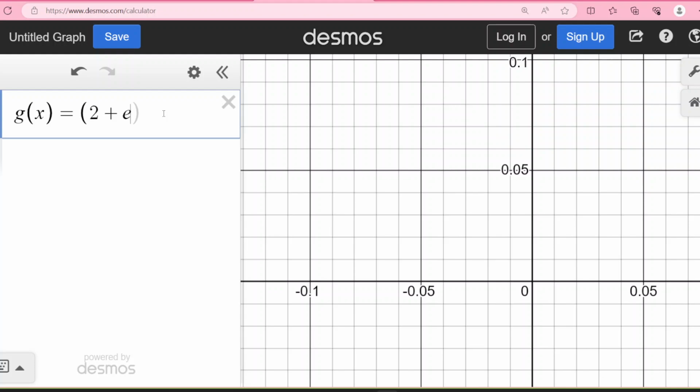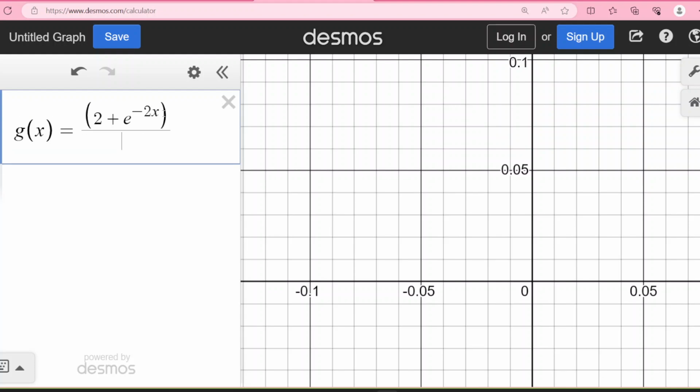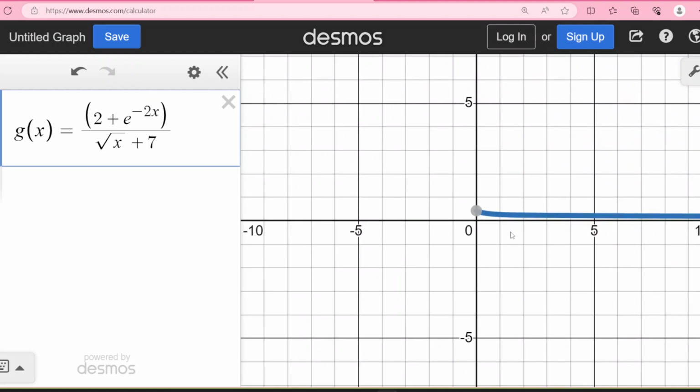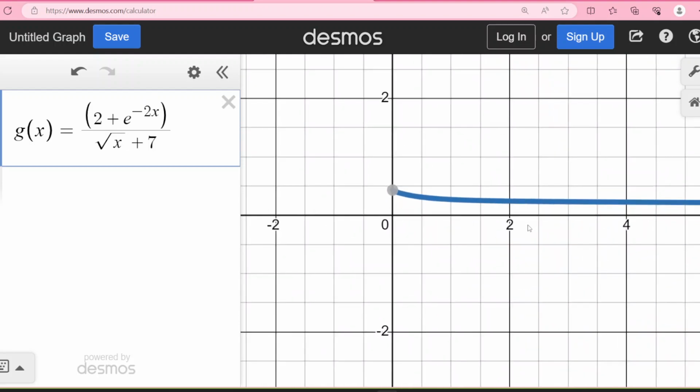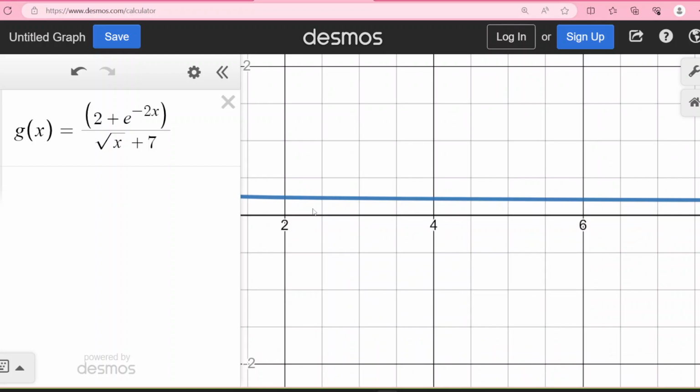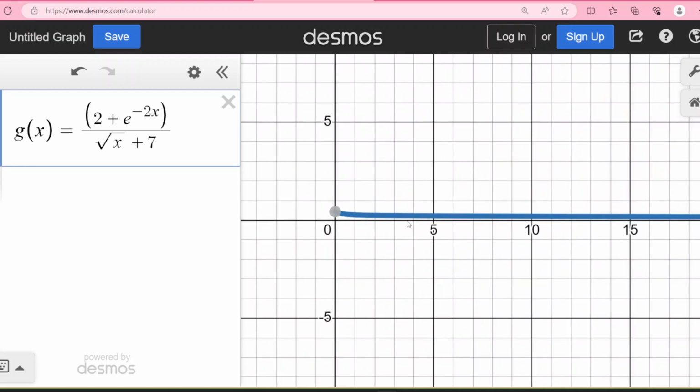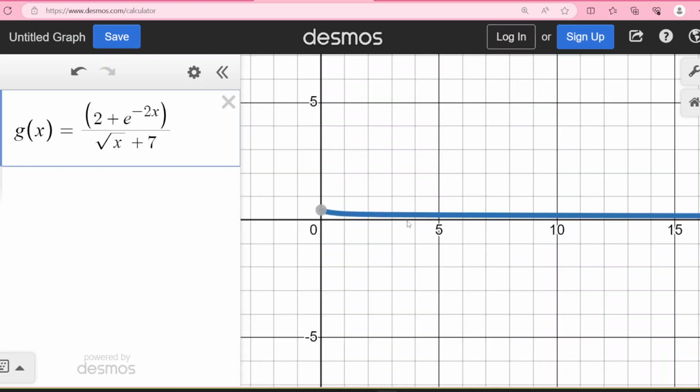So we had 2 plus e to the negative 2x power in the numerator, and the square root of x plus 7 in the denominator. There's the graph right now. I just want to look at it from 2 onward. You see it's definitely shrinking down to 0. It's getting thinner and thinner. You go out here and you see it's getting closer to the x-axis as you move to the right.